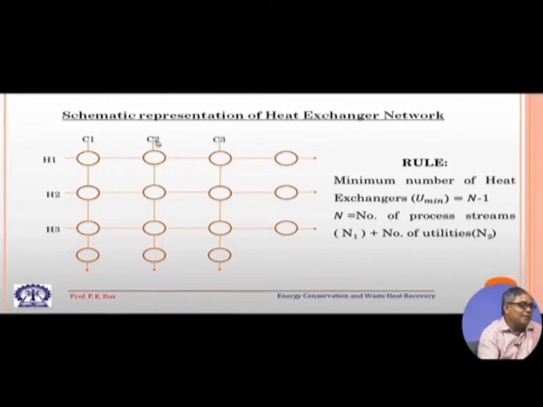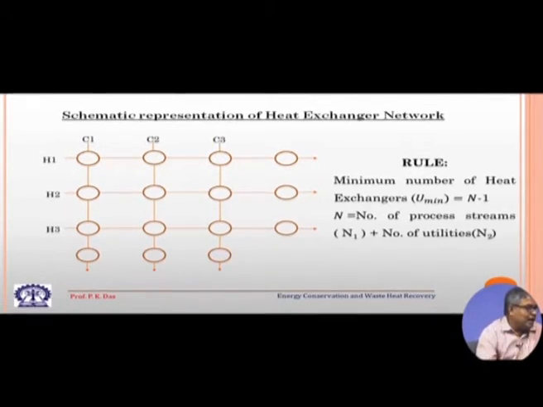Let us say we have a number of cold streams, that means streams which have a low supply temperature and which are to be heated to some different temperature at the end, and we have a number of hot streams, whose supply temperatures are high, but they are to be cooled ultimately to some low temperature. Not all the supply temperatures are the same for cold streams, nor for the hot streams. Similarly, the target temperatures are also not the same for the hot streams and the cold streams.